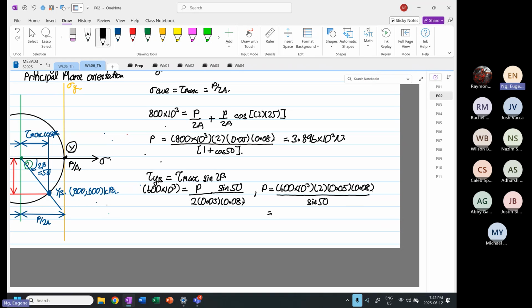So this is equal to 6.266 times 10 to the power 3 Newton. So this is based on the shear, and this is based on the normal stress. So from here, you pick the smaller value, P allowable will be equal to 3.896.